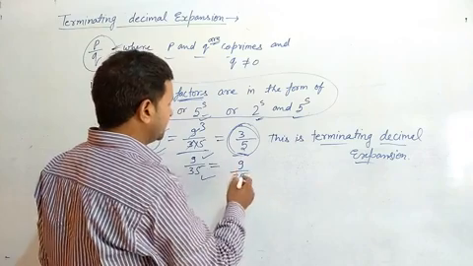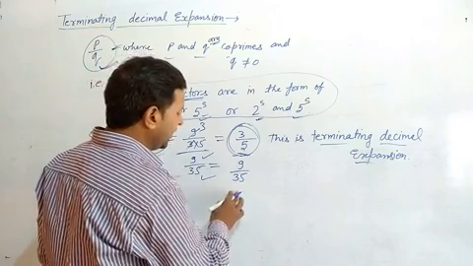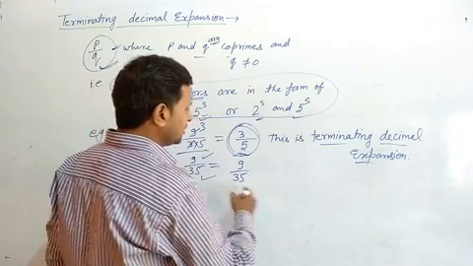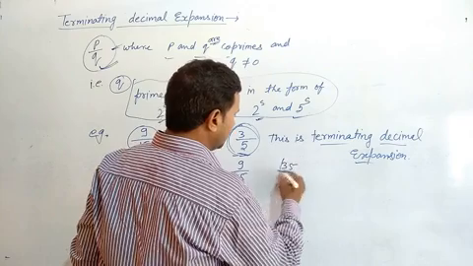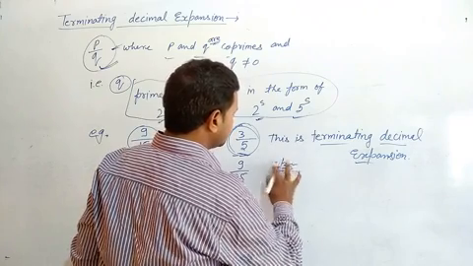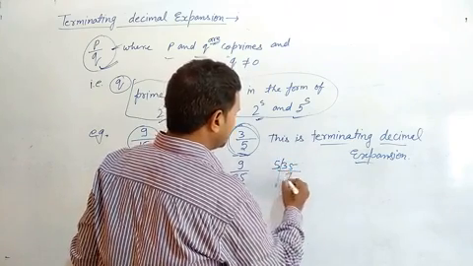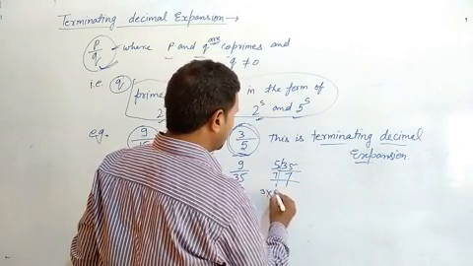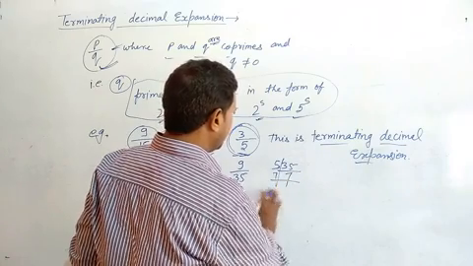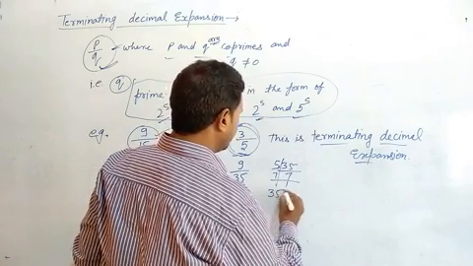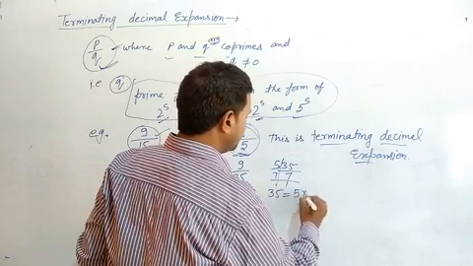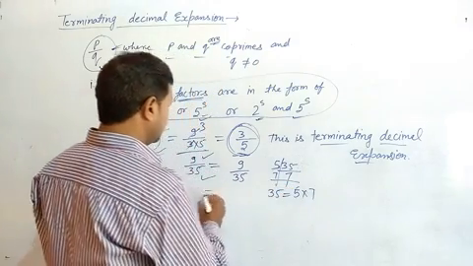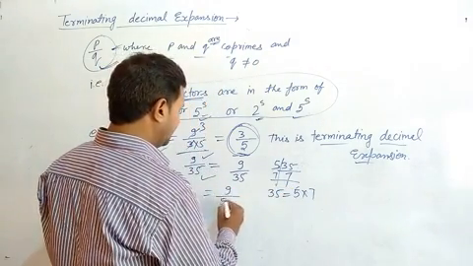Now, second procedure is that we have to factorize our denominator. Our denominator is 35. We have to factorize it. 5 7s are 35. Means 35 is equal to 5 into 7 in this form. So we get here 9 upon 5 into 7.